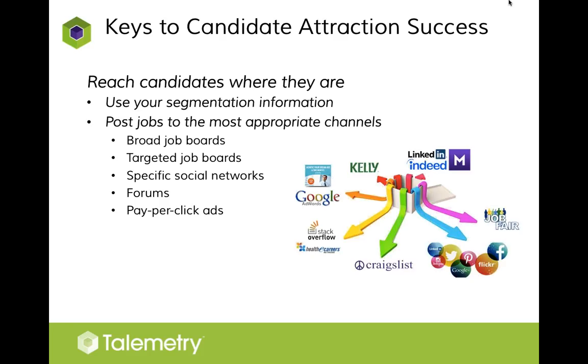I think we've hit on a couple of the key items here. When we talk about job distribution, we can't paint the whole activity with a single brush, right? So let's take a large company. We've got a large client that literally posts thousands of jobs in any given month. And we'll hit on some of the ways that are effective to do that.